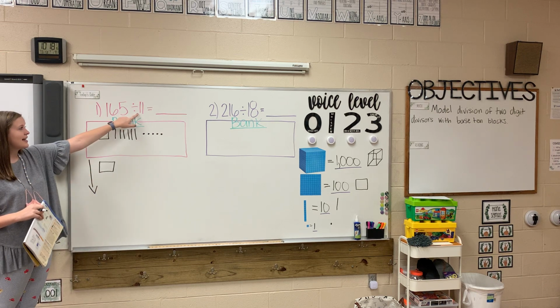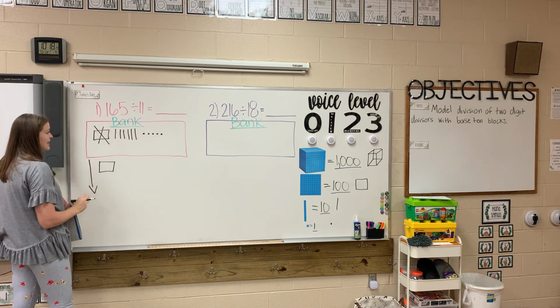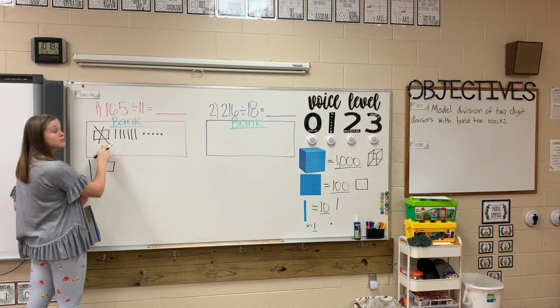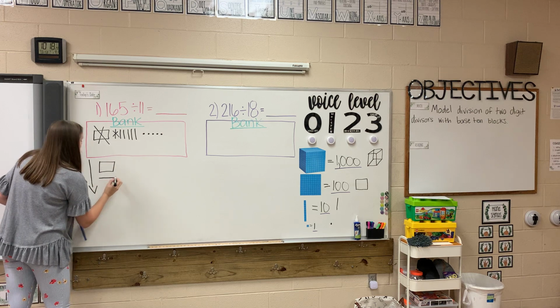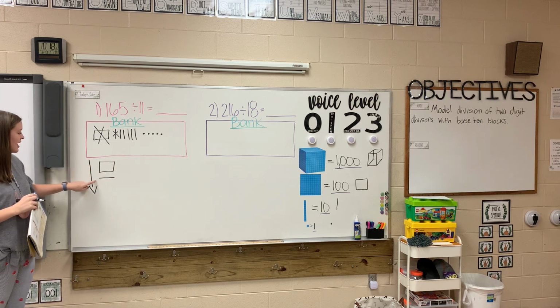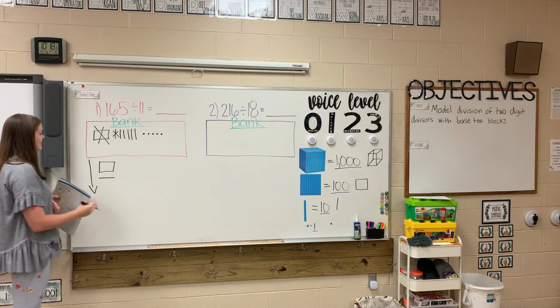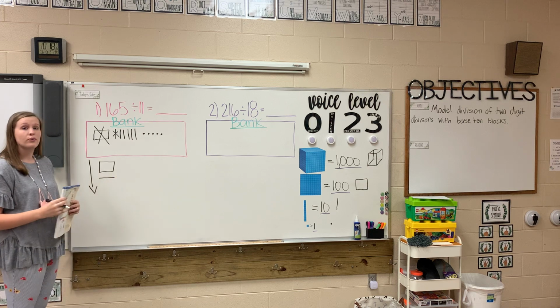How many did I say I needed? 11. So I've used my flat, and if I need one more group, I'm going to use a long now. So I now have 10, 11 going down. My goal is to make this into a square that is equal all the way around.